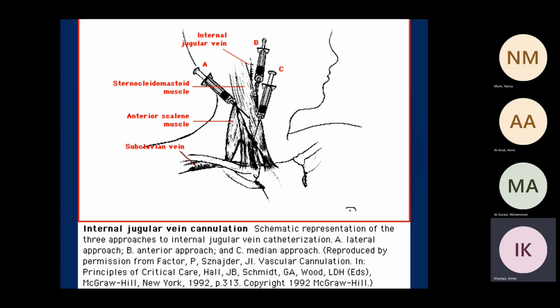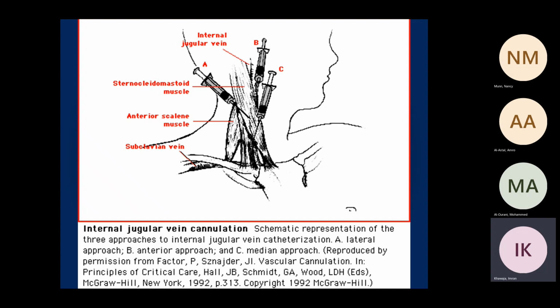As far as where to put this one, and you've seen that, some of you have done that, the right side of the neck, the right IJ, is the best place to pass your catheter. It's a straight path to the right atrium. If you use a subclavian approach, the left subclavian vein will be better than the right side, because it also goes more straight towards the right side of the heart.